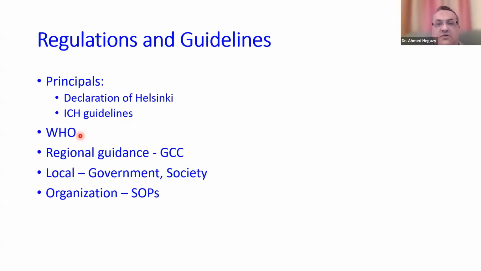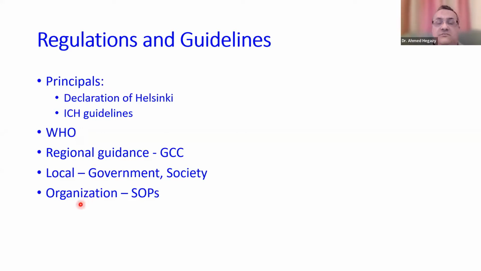We have some things related to the GCC, some related to a local government or a local society, standards and principles, again, ethical standards, codes of ethics. So all these help in controlling and ensuring that we are doing the work in a good way, in good practice, with good quality.